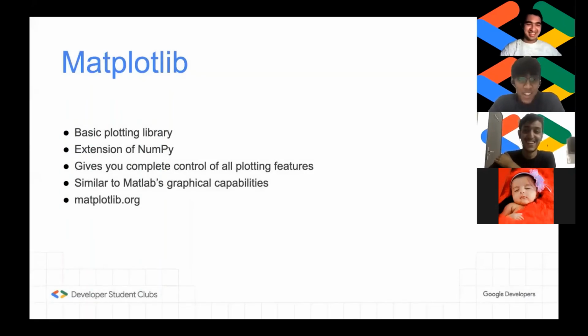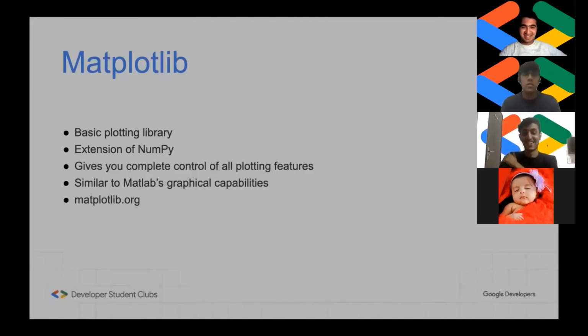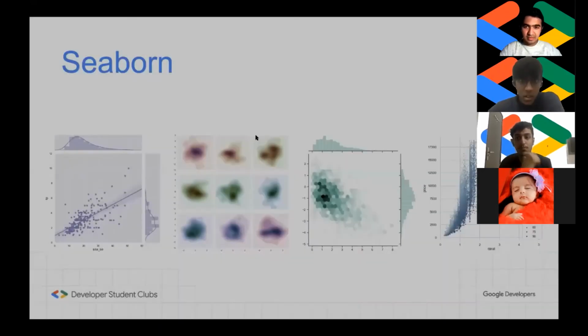We'll be looking at Matplotlib and Seaborn. So we're not really going to be doing a lot of Matplotlib, more Seaborn, because it's a little more beautiful and it looks a lot better. Although it is built on top of Matplotlib, so we would need some knowledge of Matplotlib before we can hop onto Seaborn.